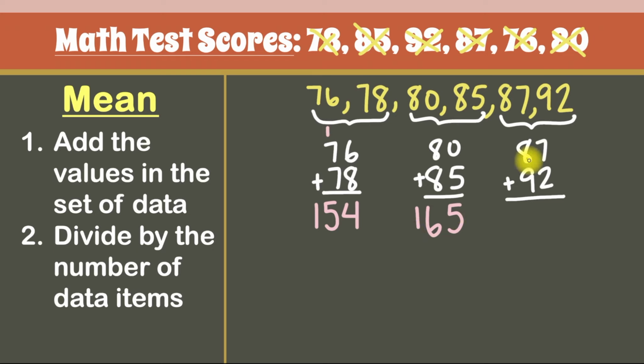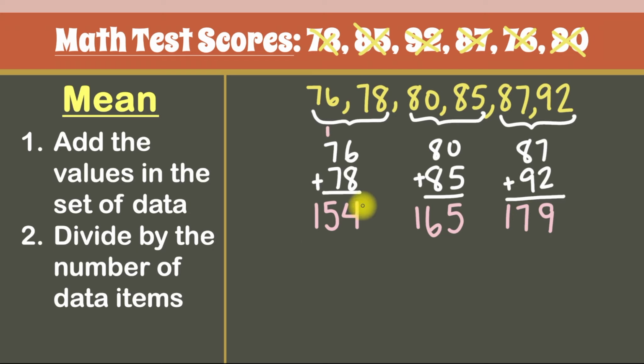And next, we'll do 87 plus 92. 7 plus 2 equals 9. So we'll put a 9 under those numbers. And 8 plus 9 equals 17. So I'll put a 17 right there. So now we have 154, 165, and 179. And we have to add those values up next.